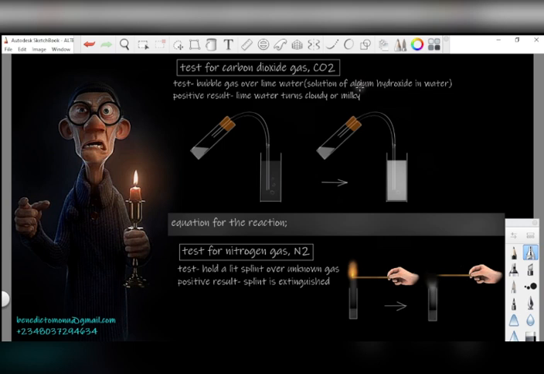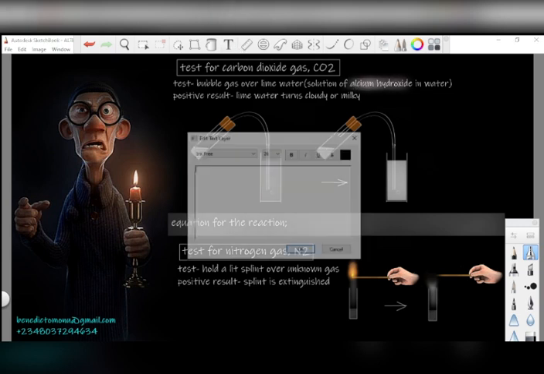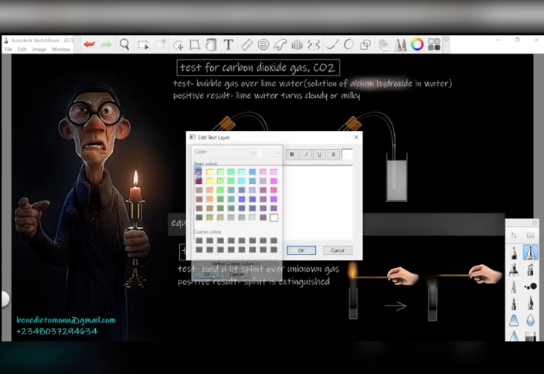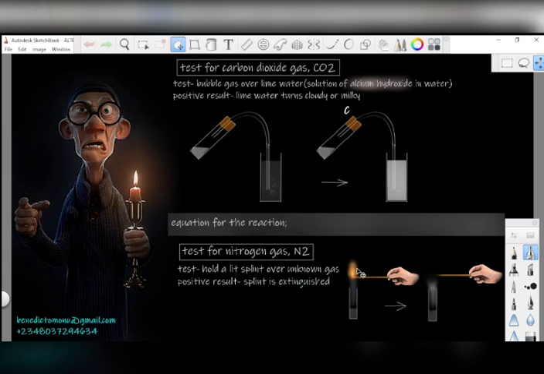Calcium hydroxide is also called slaked lime, and it's written as Ca(OH)2. That's calcium hydroxide, also called slaked lime.